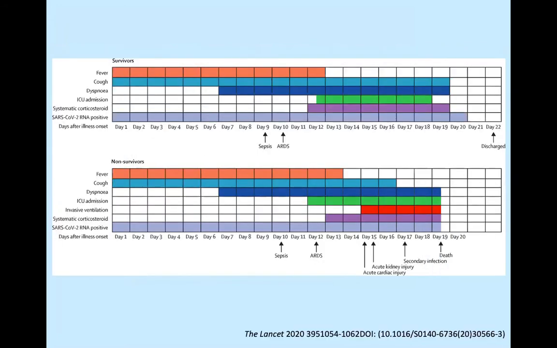So this is from one of the early studies from China. And what it shows in terms of the progress of the disease is the symptomatology: the top box is fever, then cough, breathlessness, admission to ICU, systemic corticosteroid, and swab positivity.